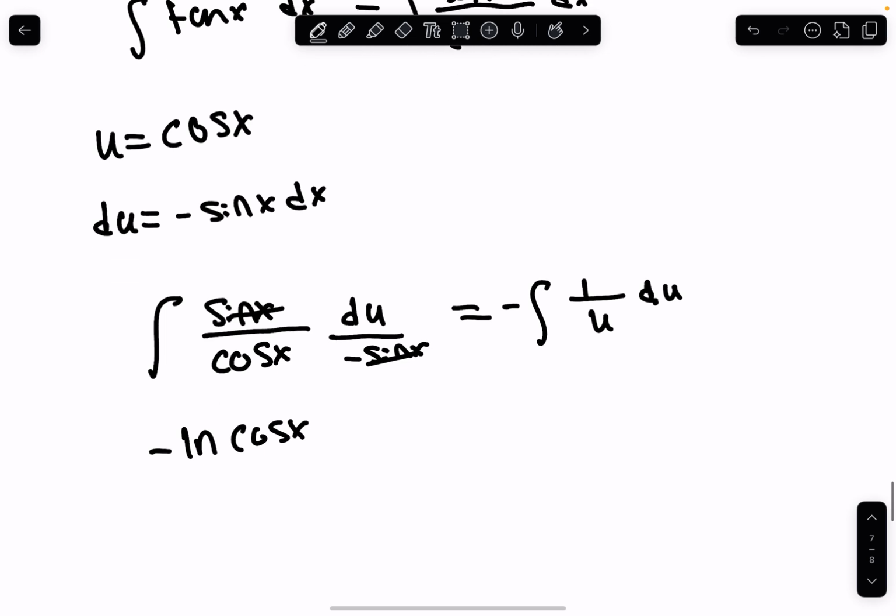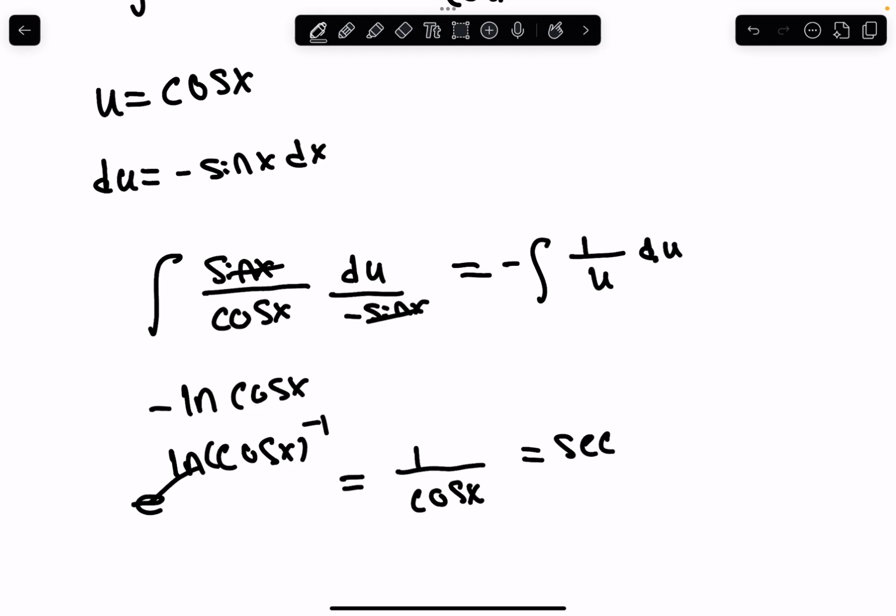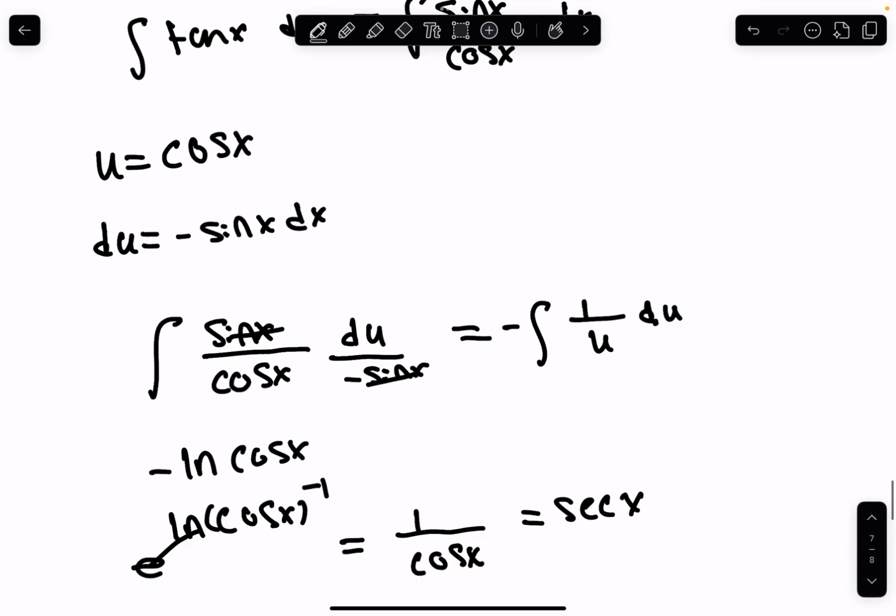So the integrating factor is going to be e to the ln cosine x to the negative 1. Cancel out. The integrating factor is 1 over cosine x, which could also be secant x. But let's leave it as 1 over cosine x.